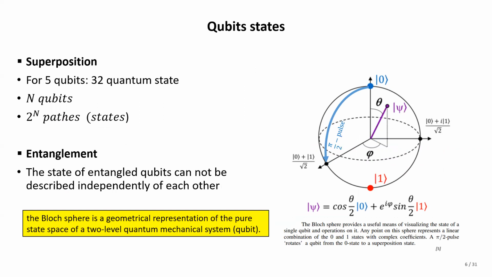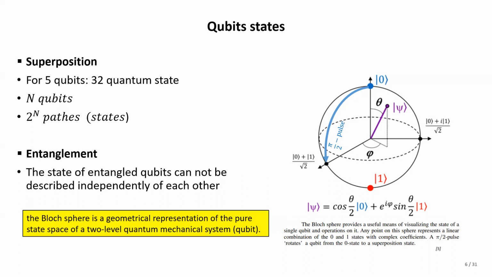We talked about this in the first part and how it works. Assume for 5 qubits, it's possible to have 32 quantum states, and the paths are given by the equation 2 to the n, where 2 is of course the states, 0 and 1, and the qubits or the paths are n, so it will be 2 to the n paths or states.